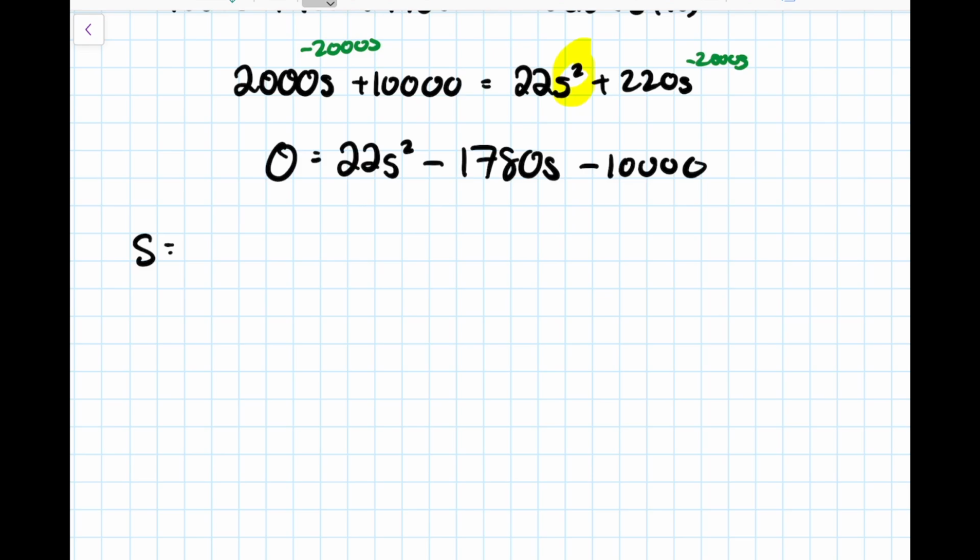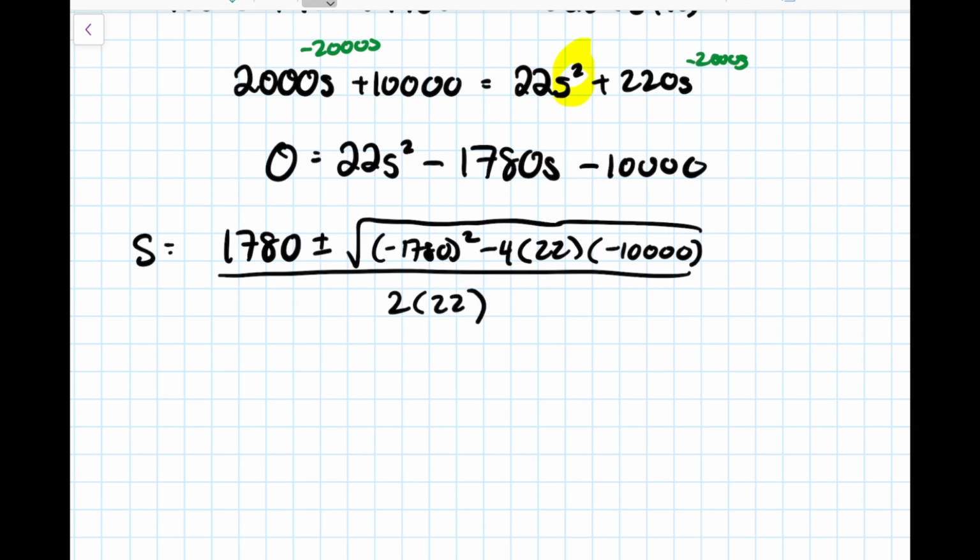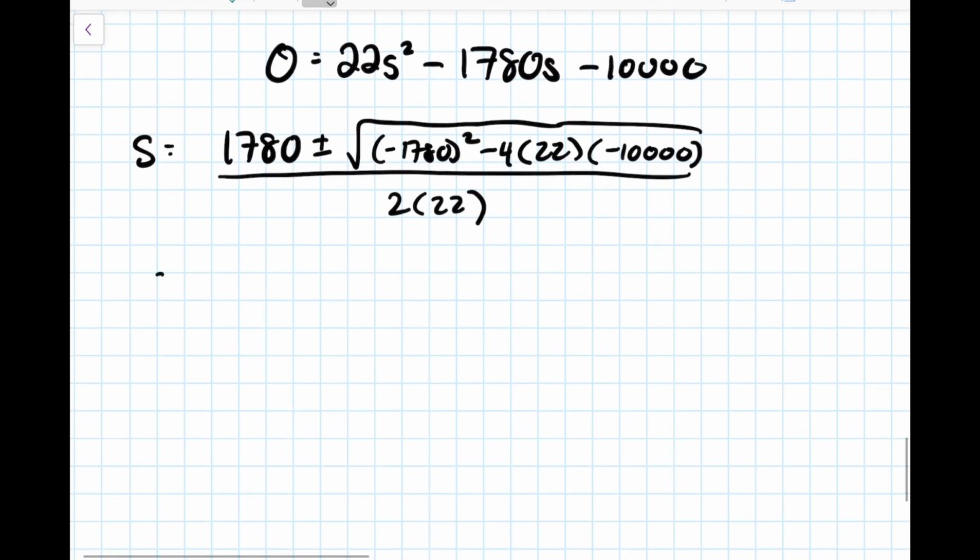So we've got s equals negative b, so that's 1780, plus or minus the square root of negative 1780 squared minus 4 times 22 times negative 10,000, all over 2 times 22. Which is going to get me 1780 plus or minus.